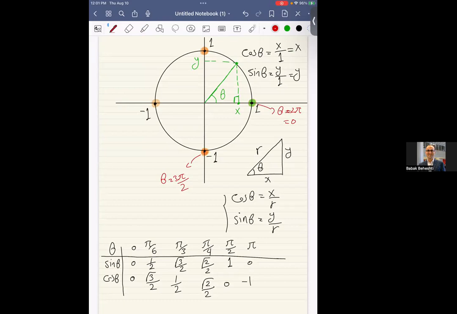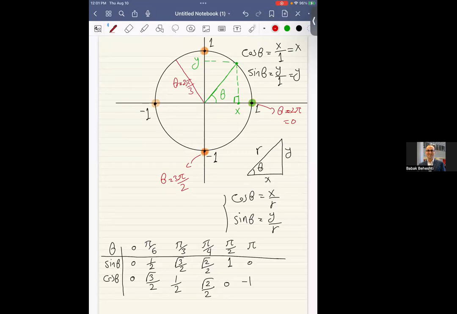So 2 pi over 3 is pi minus pi over 3. So let me draw it here. So this angle, or maybe more precisely, this one is 2 pi over 3. So theta equal to 2 pi over 3.